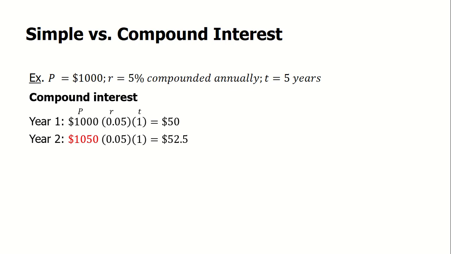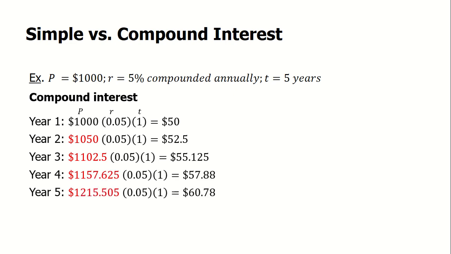So in year 2, you are multiplying the interest rate by 1,050. At the end of year 2, the interest that you would have to pay will also be higher. Instead of $50, it is now $52.5. In year 3, you add the 52.5 to the new principal, and so on and so forth.